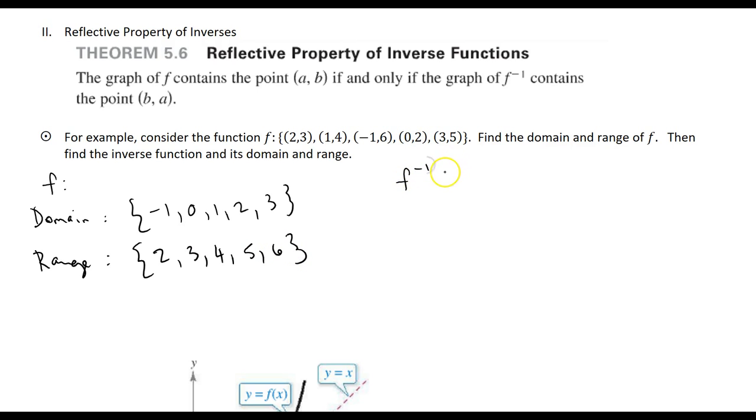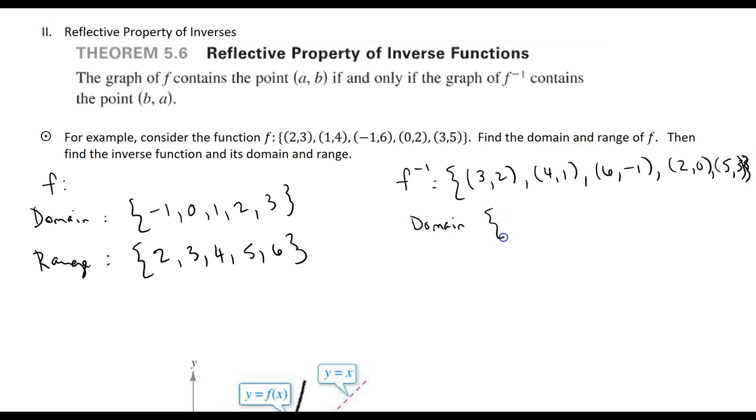I can either just flip those to find f inverse, or I can look at the ordered pairs of f inverse. The inverse function, it does tell me to find that, so that would be (3, 2), just flipping the ordered pairs, (4, 1), (6, -1), (2, 0), (5, 3), and the domain is going to be 2, 3, 4, 5, 6, and the range is going to be negative 1, 0, 1, 2, 3.